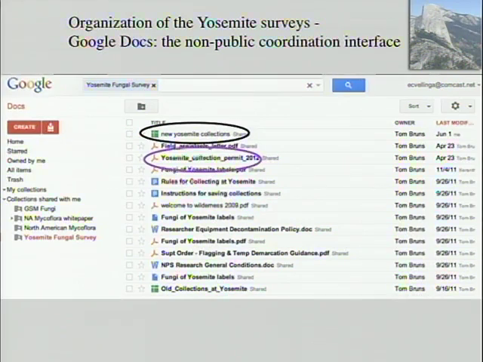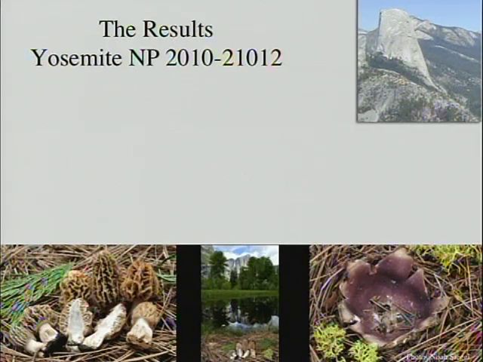And we use Google Docs to get a data sheet and an Excel sheet for keeping track of what we have collected there. We have been doing that in 2010 and 2011, mainly. I don't think there are many this year. Did I miss something?